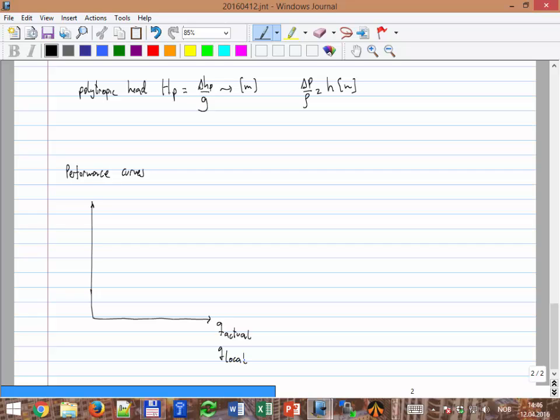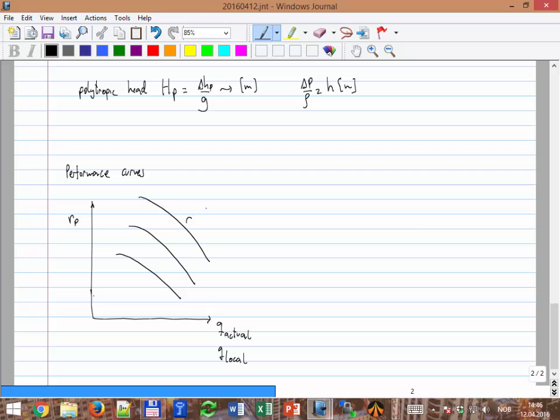Versus, one way to plot it is they don't use delta P, but they use RP, P outlet divided by P inlet, and it's going to look like that. So it looks something like this.